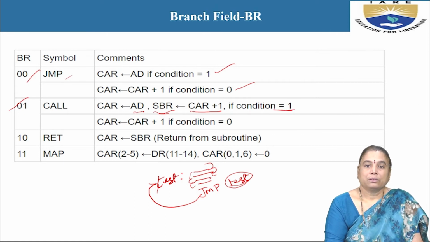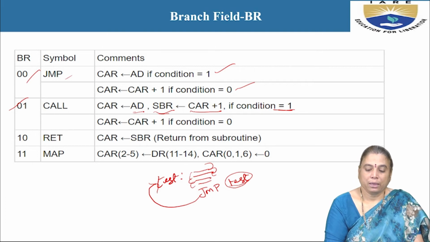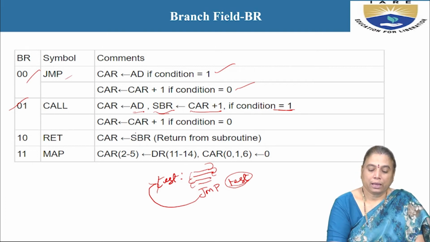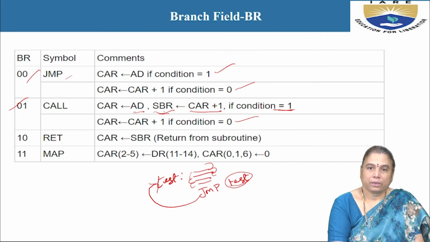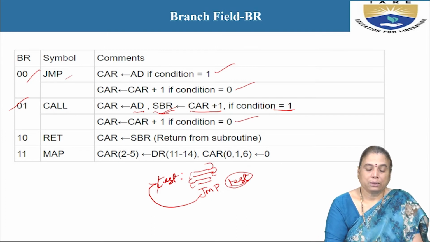Why? Because the program control has to be transferred to the specific subroutine. When it finds the return, with the help of SBR the main program execution is resumed. Otherwise CAR plus 1 if the condition is 0. So whenever a call statement is encountered, the return address is moved to the SBR and the address is moved to the CAR in order to execute the subroutine.